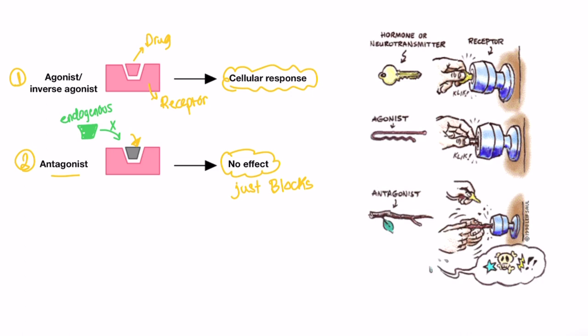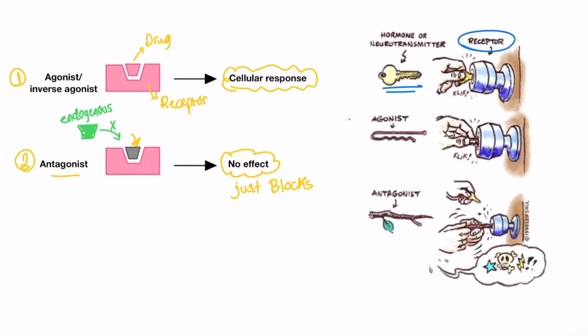In the cartoon drawing here, the key is the chemical messenger, like hormones and neurotransmitters, and the lock is the receptor itself. The key fits well in the lock and it opens the door, so there is a response.